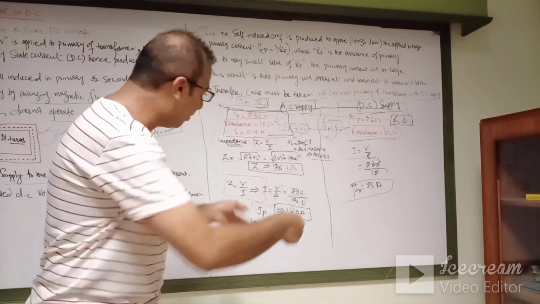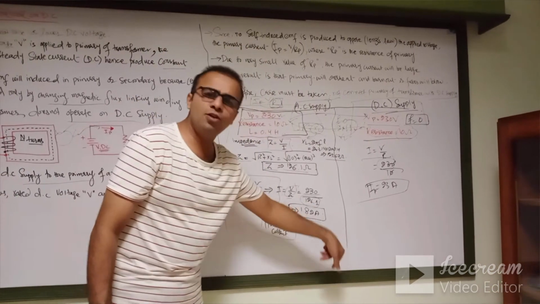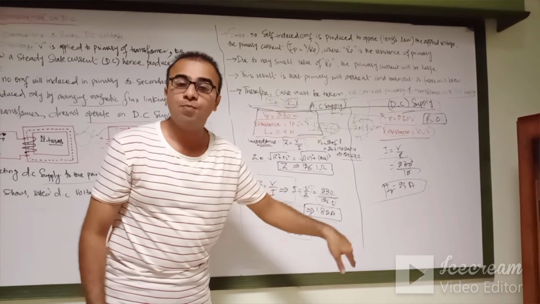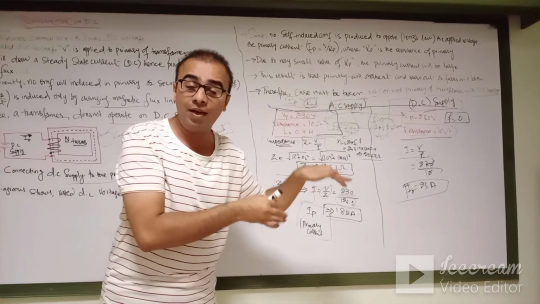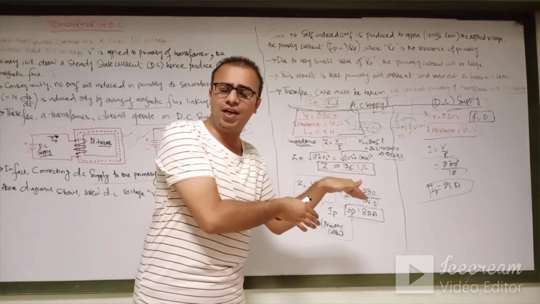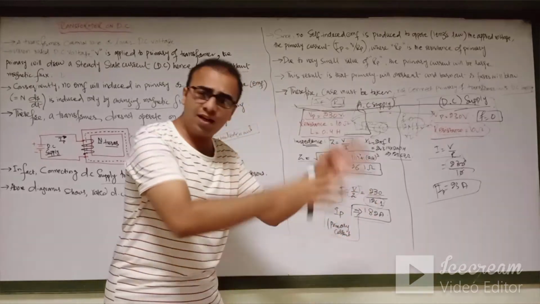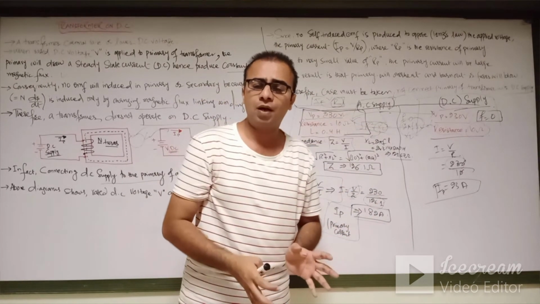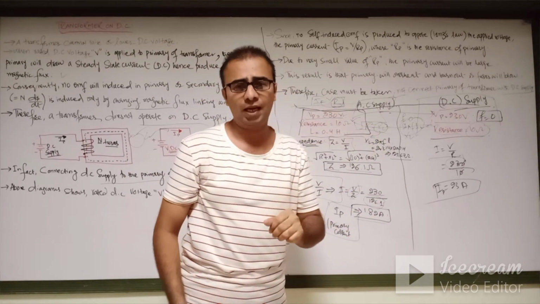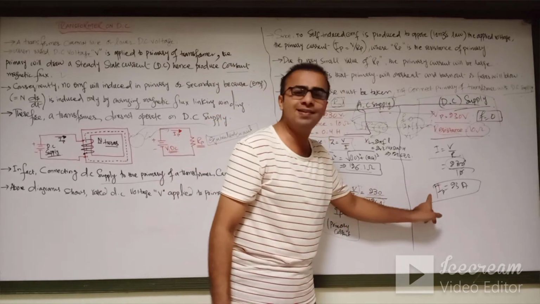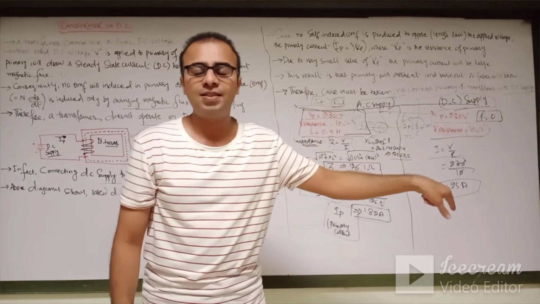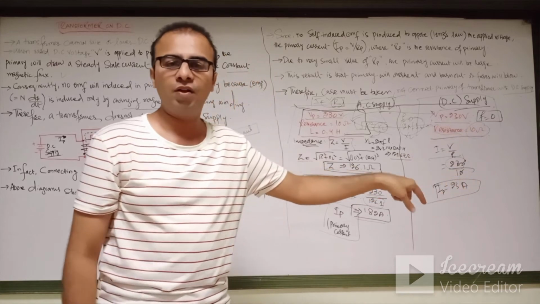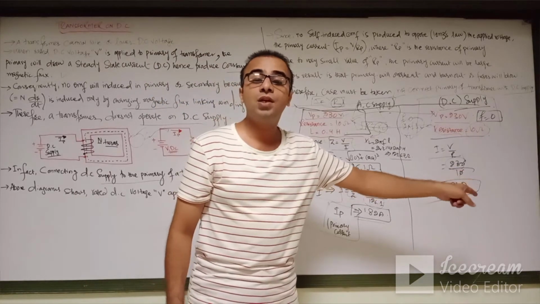Now compare both values. 1.82 ampere is the current produced when the AC supply is connected with the primary winding of the transformer, drawn from the main supply. And this is the primary side current when the DC supply is connected with the transformer, which is 23 ampere.